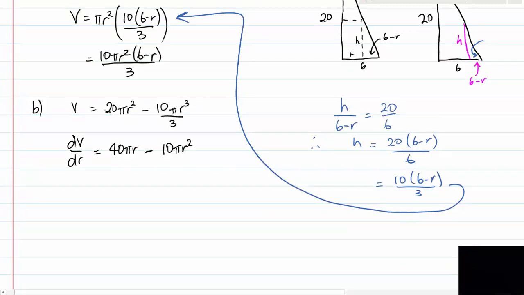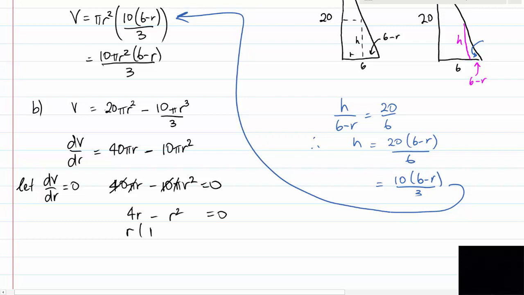Now, to maximize, I need to let dV/dr equal 0, which gives me 40 pi r minus 10 pi r squared equals 0. Solving this, I'll cancel the pi's and divide by 10, leaving me 4r minus r squared equals 0. r times (4 minus r) equals 0, and r equals 0 or r equals 4.